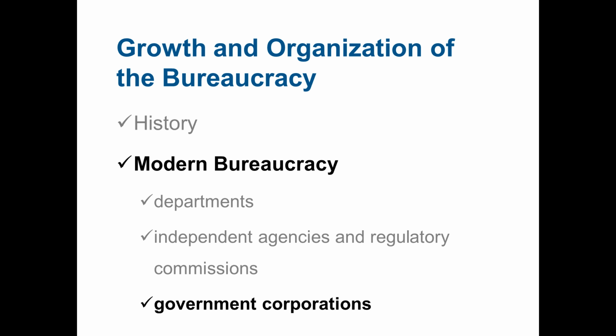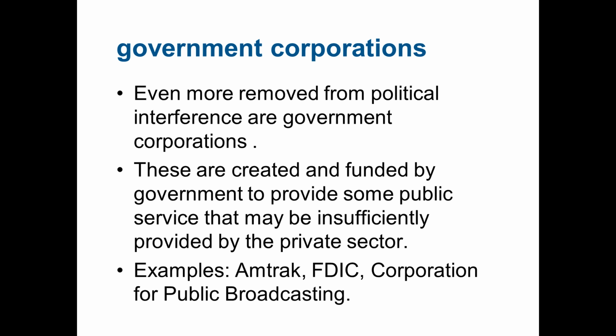And one final type of group that's worth mentioning, again, this is one of the less prevalent types of groups within the bureaucracy, is government corporations. These are sometimes brought into effect by the government when there's a particular good or service that the government believes is necessary to provide, but they're not particularly confident that actors in the private market will provide it absent government intervention.